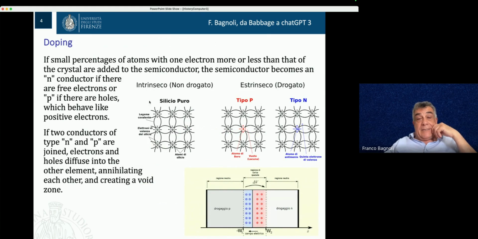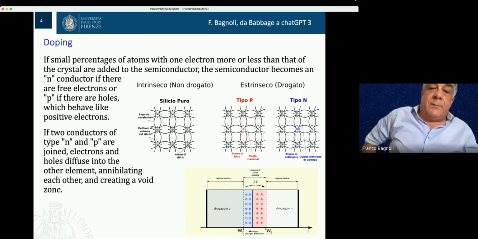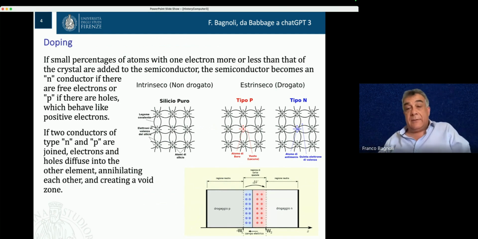And okay, these are semiconductors. What we do is add different atoms, so to dope the semiconductor with a given type of atoms, which can be of two characters. The first one with fewer electrons available for the conducting band than the original one, or with more electrons.